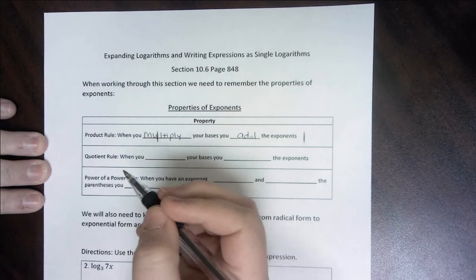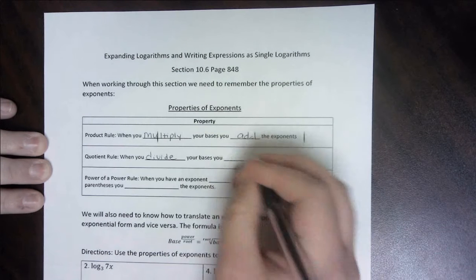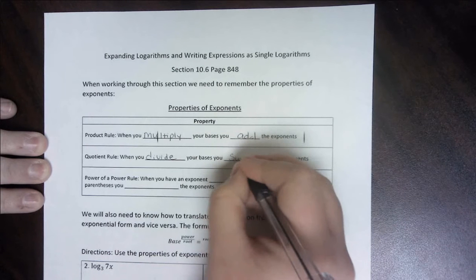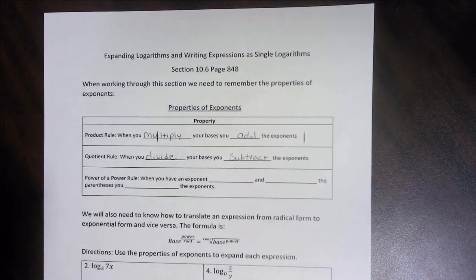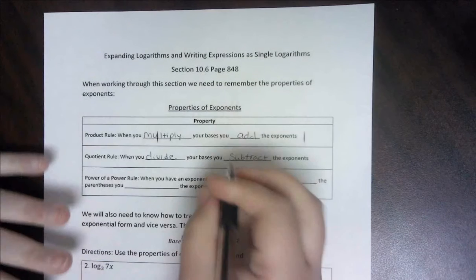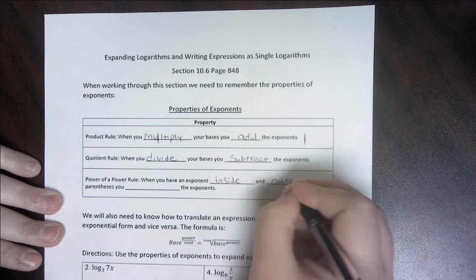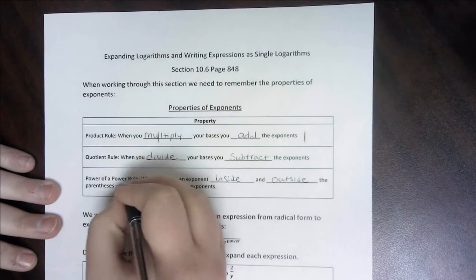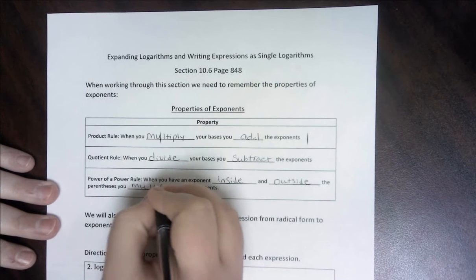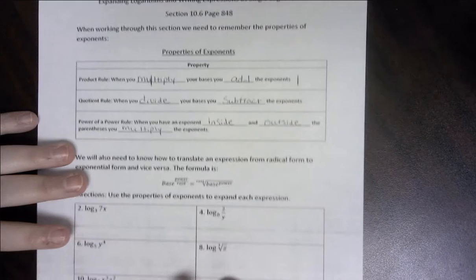So when you divide your bases, you subtract the exponents. And then the power of a power rule. This rule states that when you have an exponent inside and outside of a set of parentheses, then you will multiply those exponents together. So we're going to keep those rules in mind.